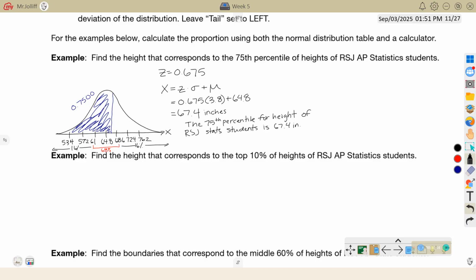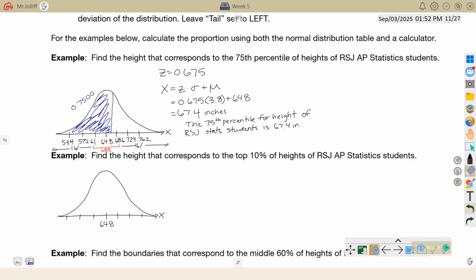So first thing I do is draw my picture. I am not going to label the rest because I just did the same picture in the problem above, right? Save time.